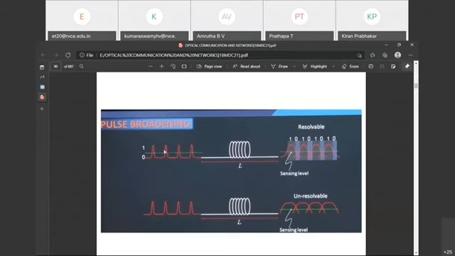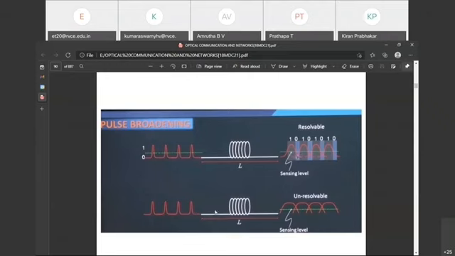Because of that broadening, the pulse at the 0 gets narrowed down, but you are still able to resolve where the 1 is, at least from the peak.